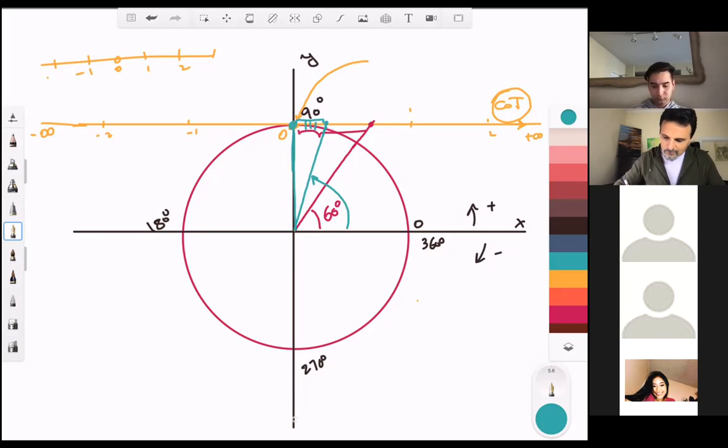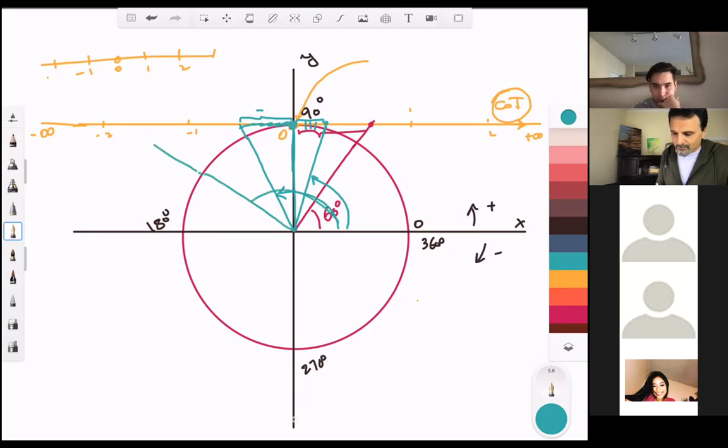Now, if I ask you what is the cotangent of 120, if this is 120 degrees, I need to let the line go. So this much is the cotangent of 120, which is negative. Whatever that is, it's a negative number. Correct? Now if I go to 145, this much is going to be the cotangent of 145.